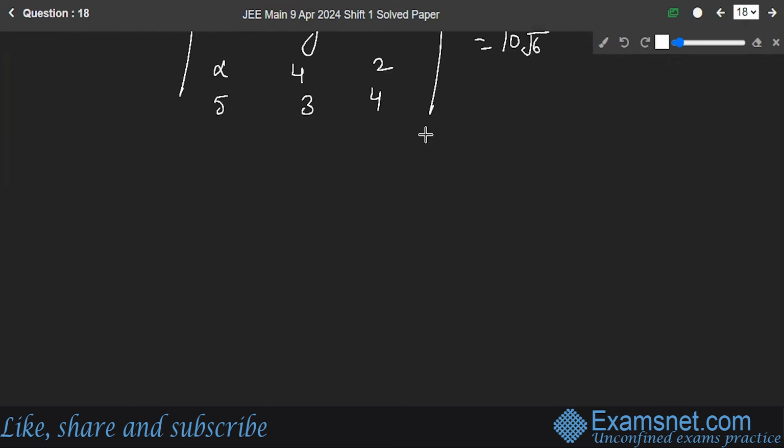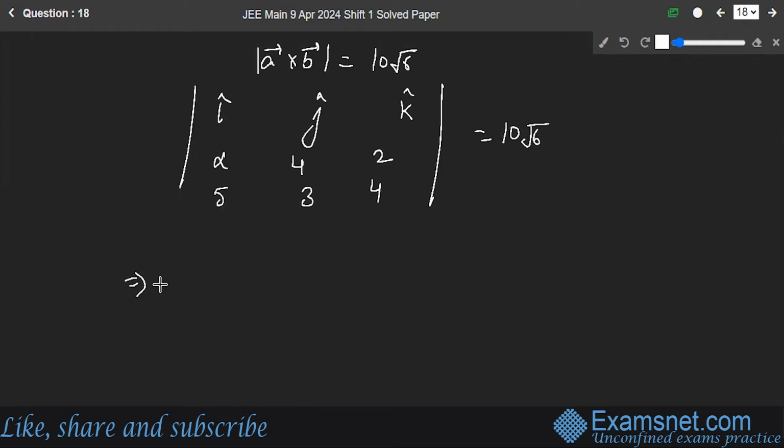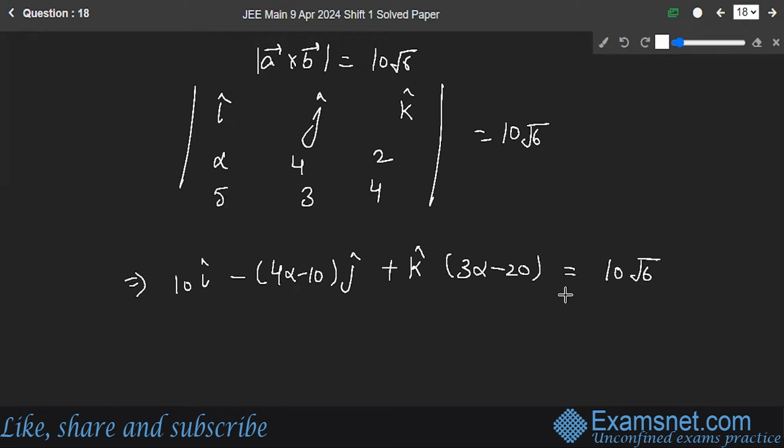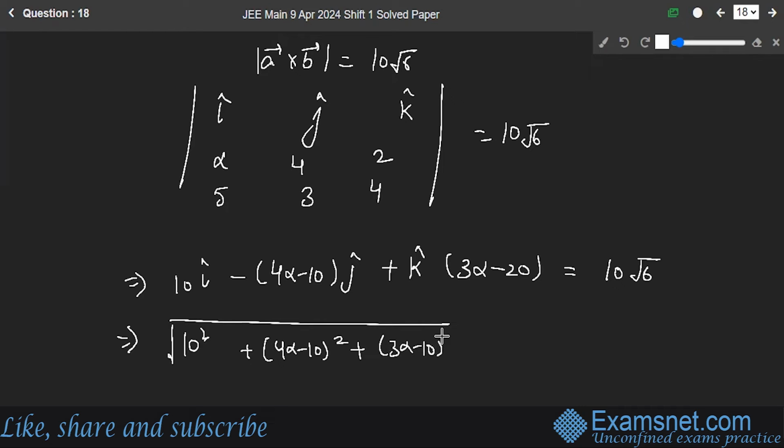So let's solve it further. You have this as 16 minus 6, that will give you 10i, and minus 4 alpha minus 10 j, k into 3 alpha minus 20. That was equal to this, right? So let's find out. This is equal to 10 square under the root plus 4 alpha minus 10 square plus 3 alpha minus 10 square is equal to this.